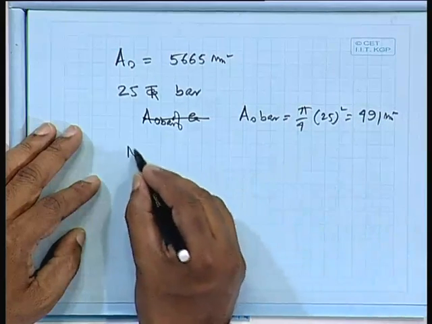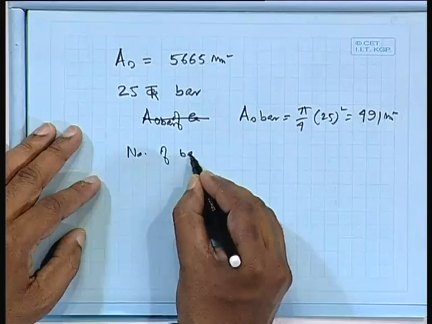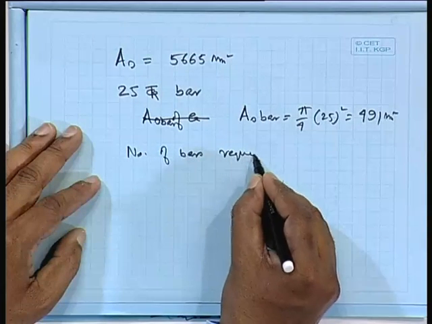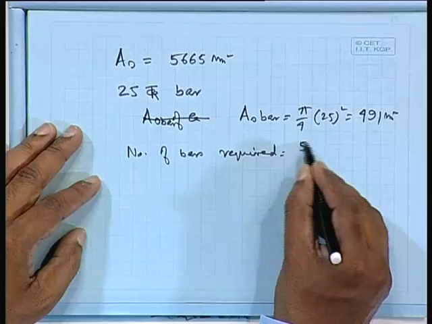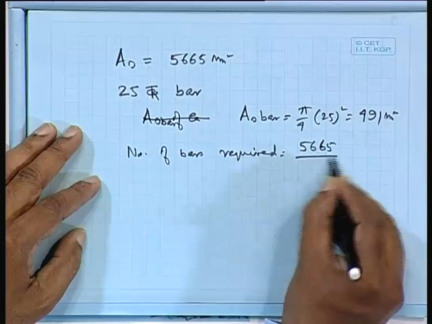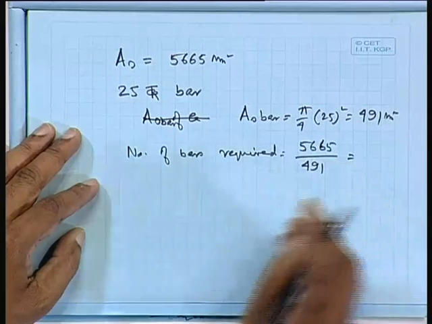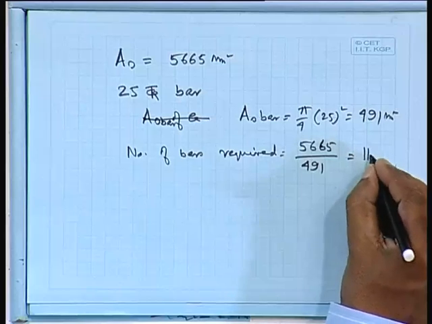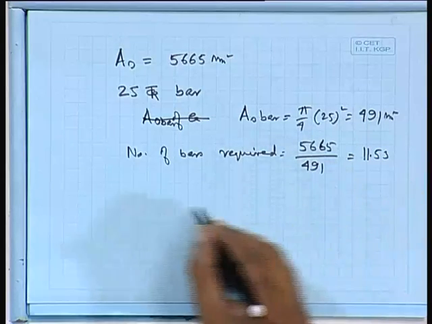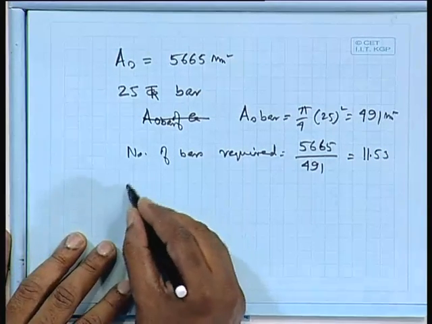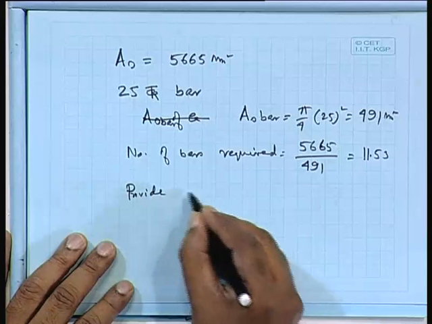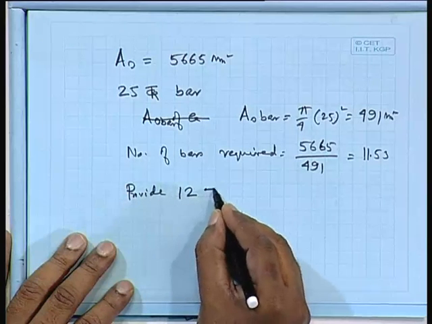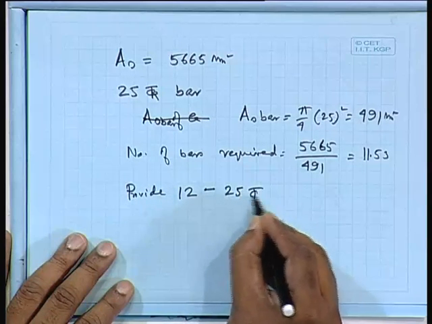So, the number of bars required is 5665 by 491, which comes as 11.53. So, we have to provide 12 numbers of 25 torr.